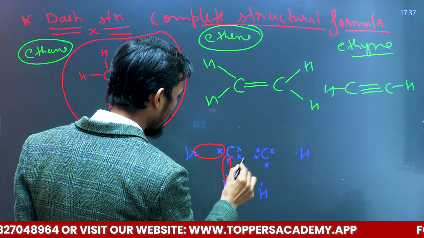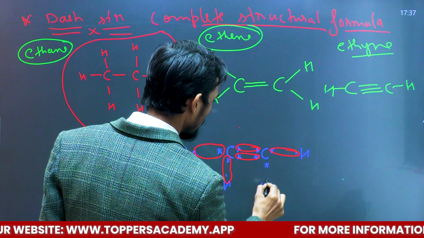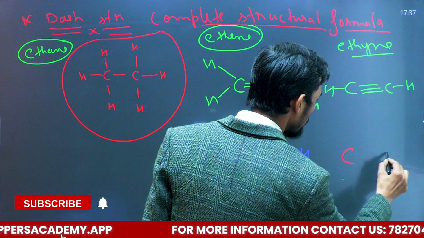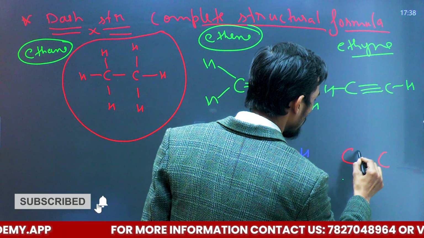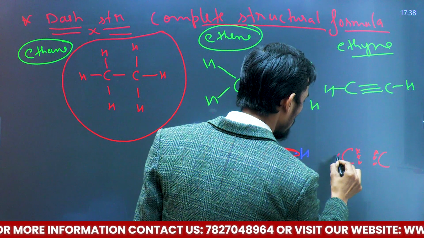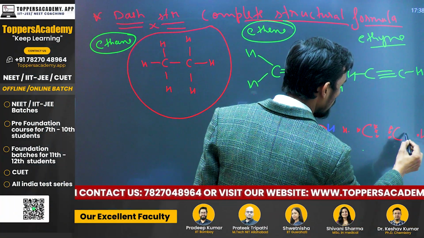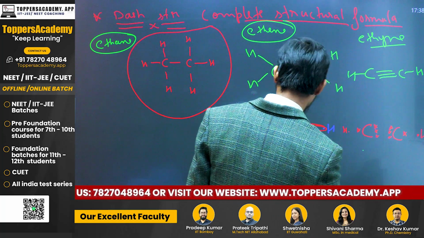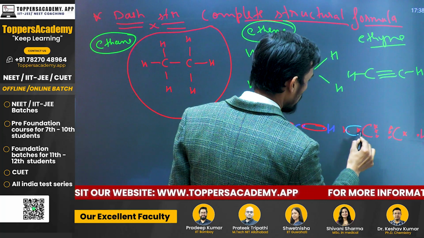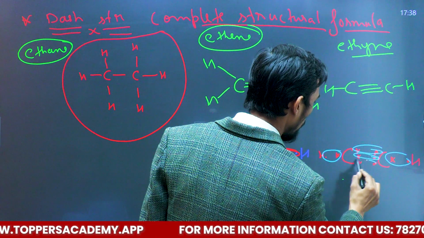Like this, the sharing of electrons, one bond, second bond. And regarding ethyne, it can be represented like this: one bond, two bond, and three bond.